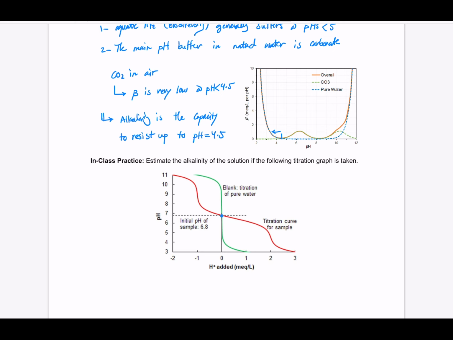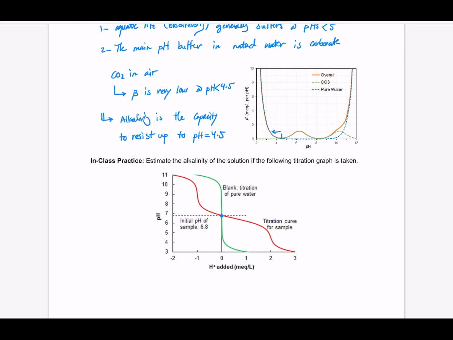What's the alkalinity? What do you say, Shia? We have to bring the pH down to 4.5, right? So we have to go from the initial point, which is here, all the way to 4.5, which is here. And how much acid we added is basically the alkalinity, right?